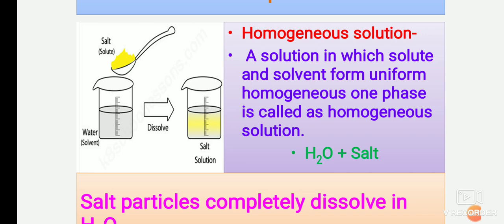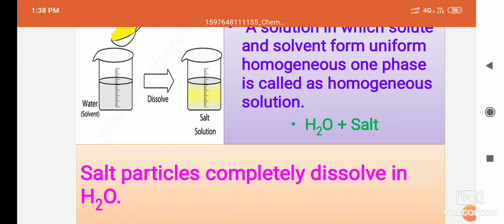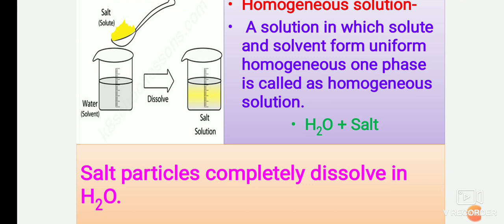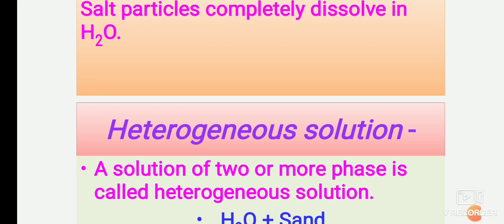If we add some salt into it, then it completely dissolves and it forms salt solution. It is a uniform solution having only one phase and also it is transparent, means it is a true solution. Salt particles completely dissolve in water.